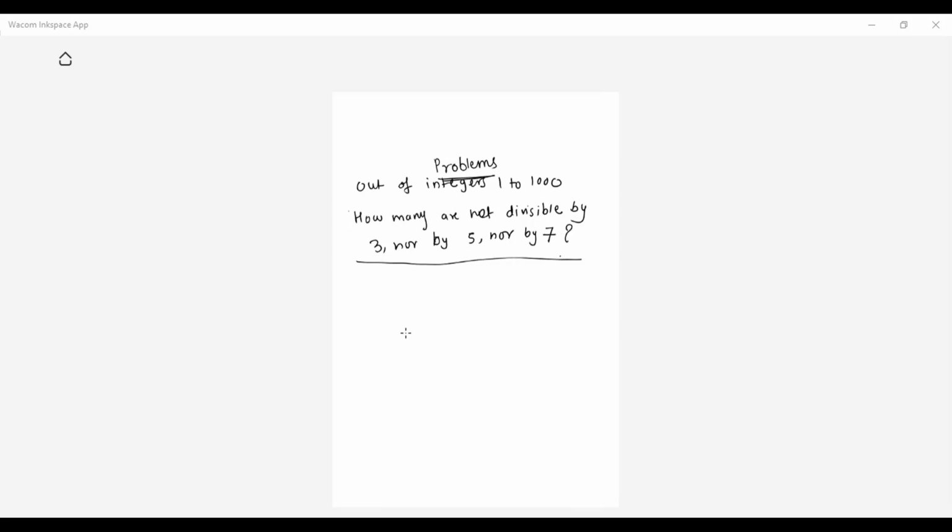Yes, everyone has all of this in the notebook. After putting in those values, we got the answer as 267.